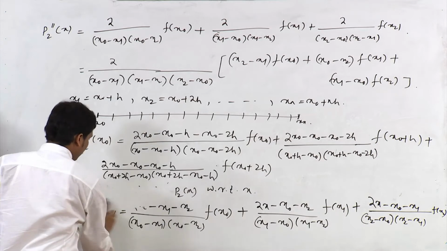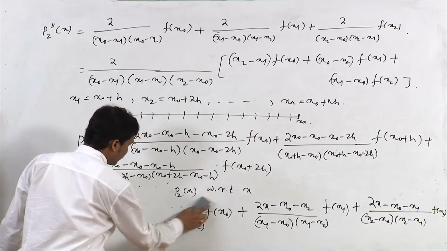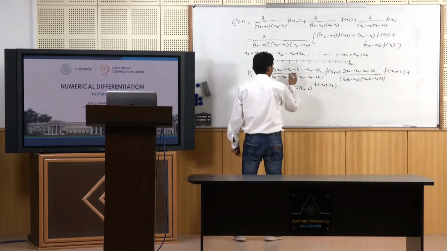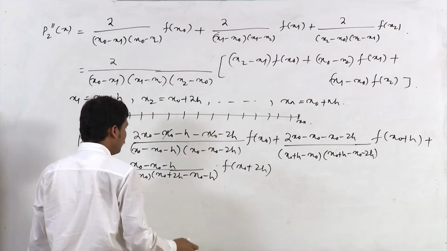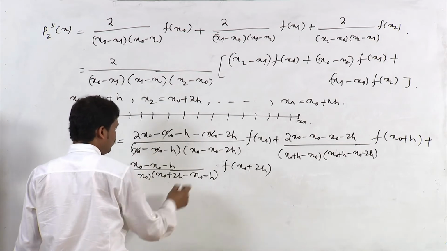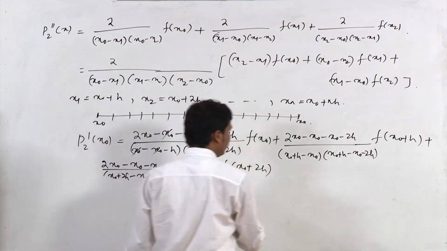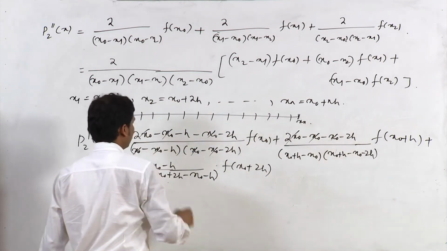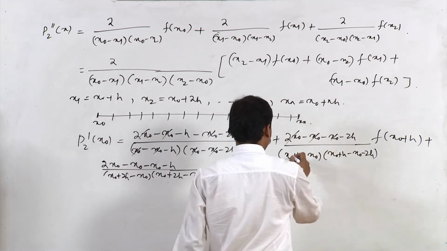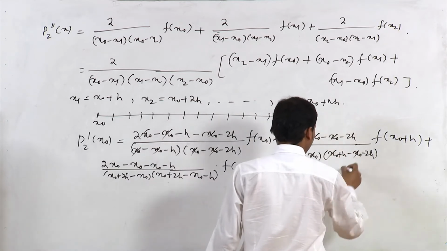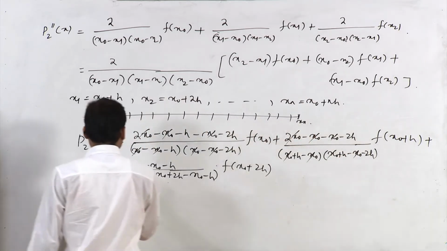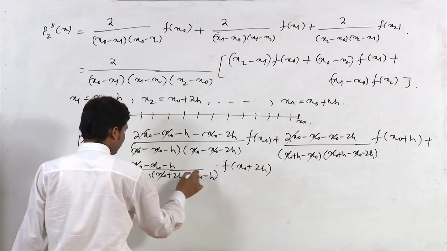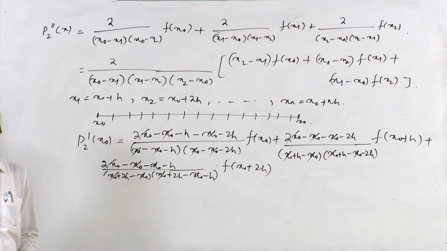So, if we cancel all the terms here, the x0 terms cancel out, including the 2x0.